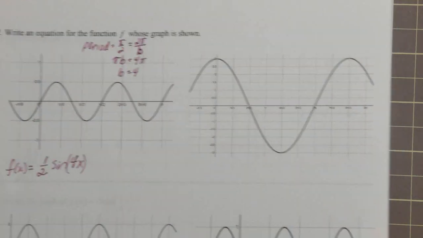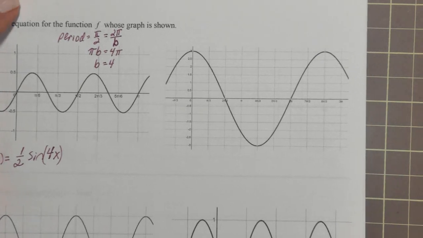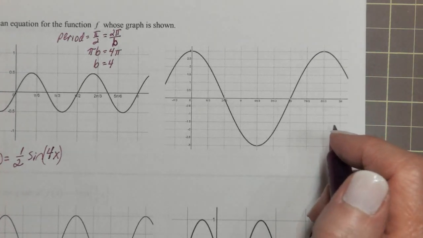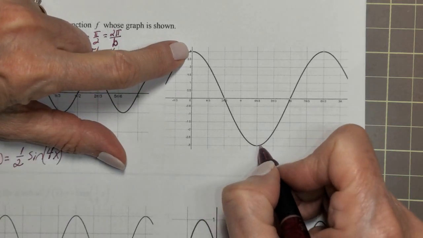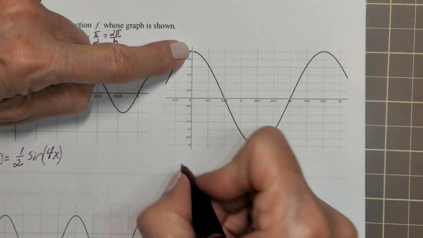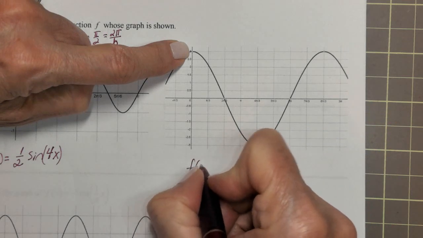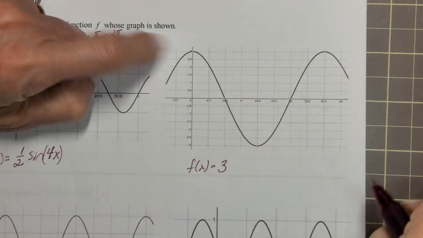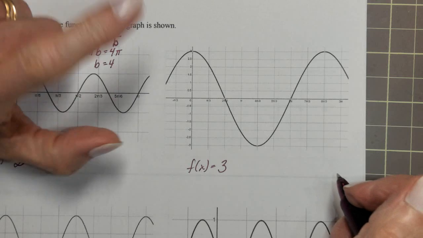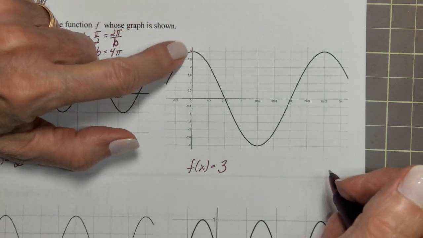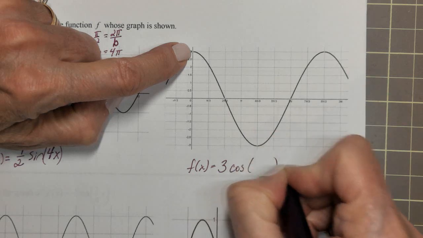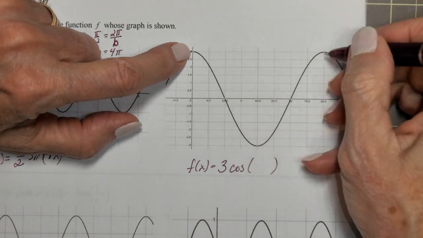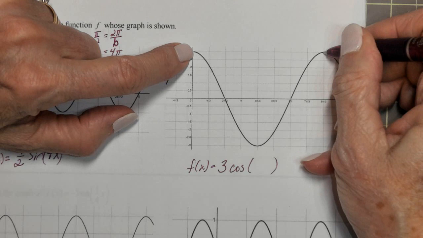Let's do another one. Alrighty, first of all, what's the amplitude? The amplitude looks like 3. Amplitude is 3. Okay, cosine or sine? We're starting up high, that's a cosine. Now for the period. Here's our period, right?